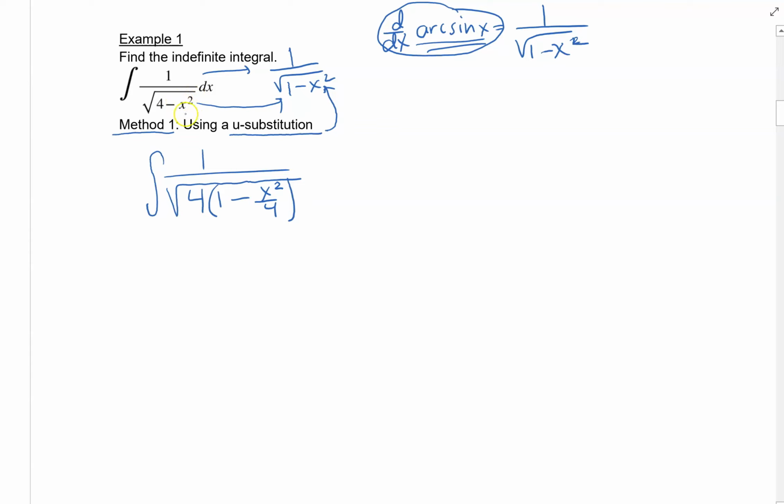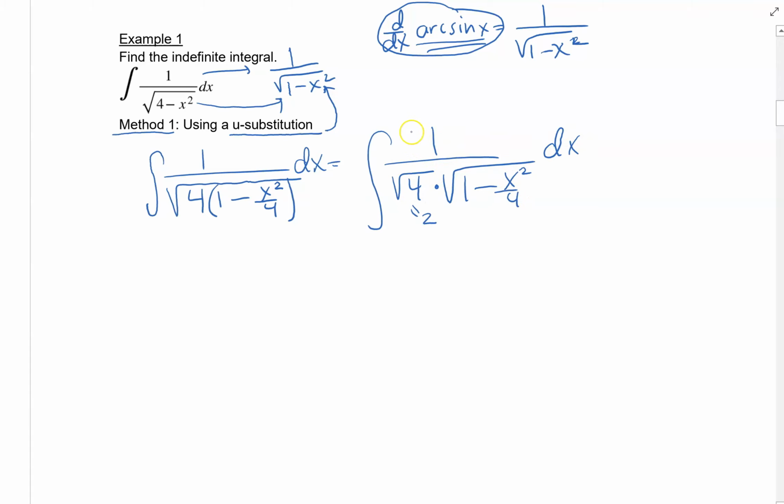But because the x squared didn't have a factor of 4, when I factor out the 4, it becomes x squared over 4. So dx is still there. Then this becomes 1 over the square root of 4 separately times the square root of 1 minus x squared over 4. Of course, the square root of 4 is equal to 2. So this is like 1 over 2, and I can pull it out of my integral. So now I'm here.